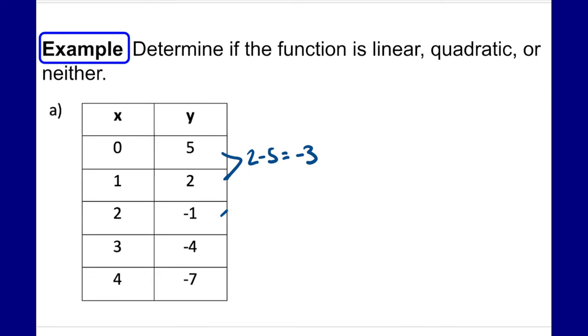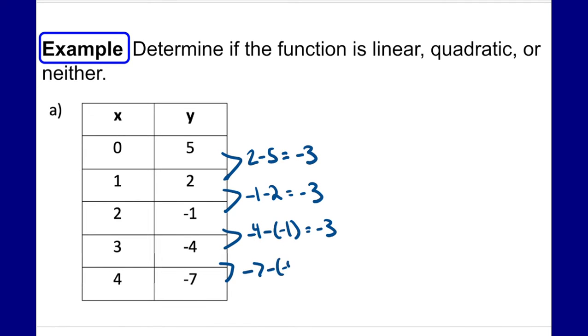Then I look at the next pair. Negative 1 minus 2, I get negative 3. Negative 4 minus negative 1, I also get negative 3. Negative 7 minus negative 4, I get negative 3.